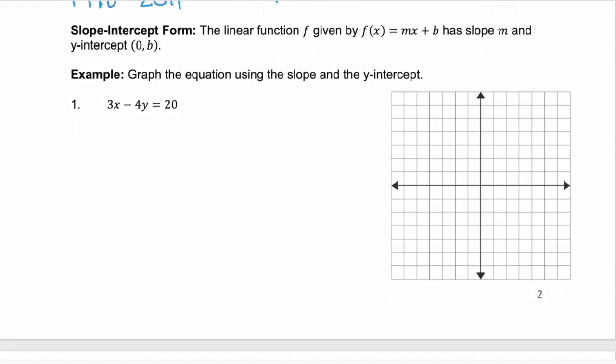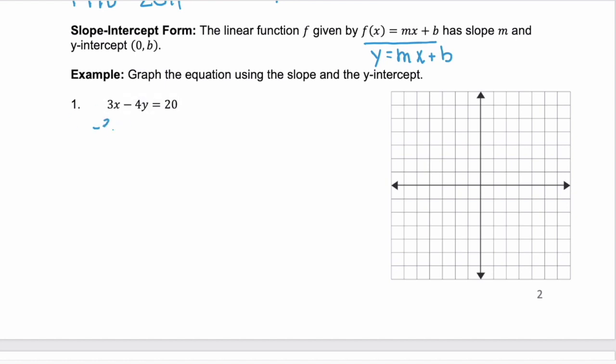Now remember, if you're given this slope-intercept form, f of x equals mx plus b, you can use that format or the y equals mx plus b format, and you can graph that equation just by using your intercept, b, and your slope, m. For example, 3x minus 4y equals 20.